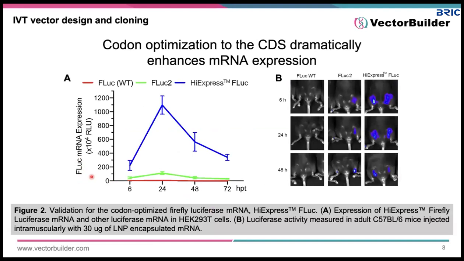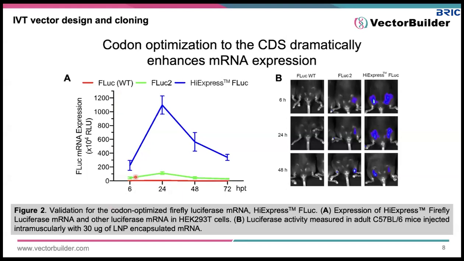First, we cloned the vector using the FLuc wild-type sequence, prepared IVT mRNA, transfected that IVT mRNA from the wild-type sequence into 293T cells, and quantified the activity of firefly luciferase at 4 different time points. And as you can see, for the endogenous wild-type coding sequence for FLuc, its activity is almost negligible to the scale of this plot.